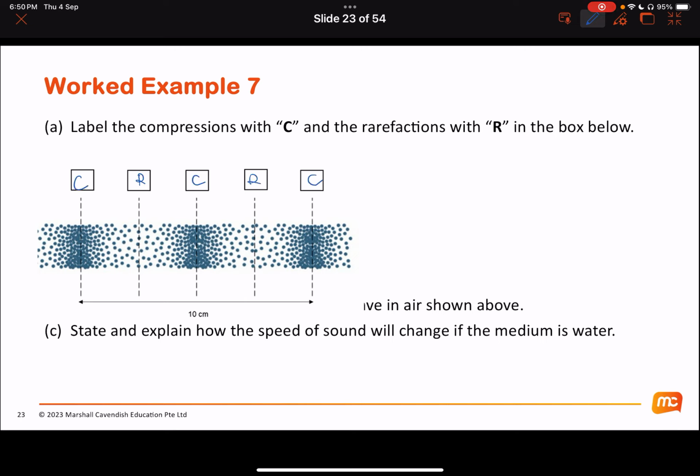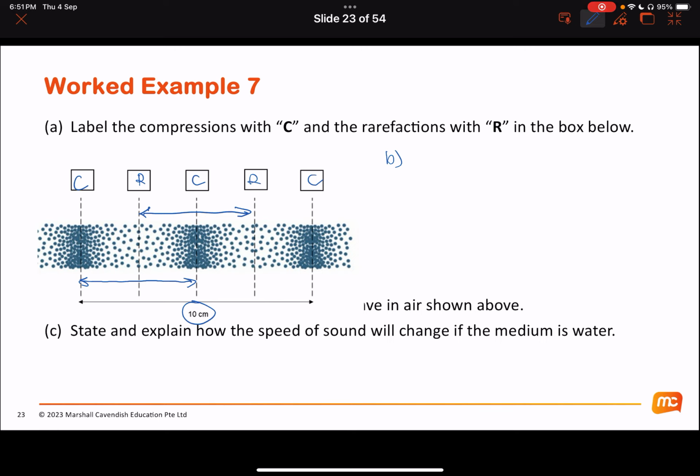What's part B? Part B is calculate the wavelength. Given that this is 10 cm, I know that the wavelength has to be between 2 points of the same phase, so either compression to compression or rarefaction to rarefaction.